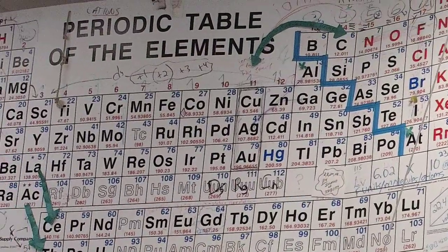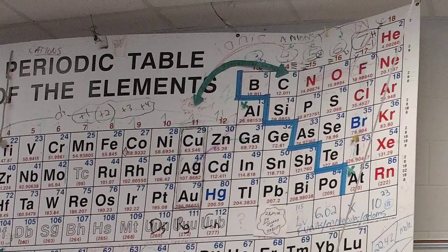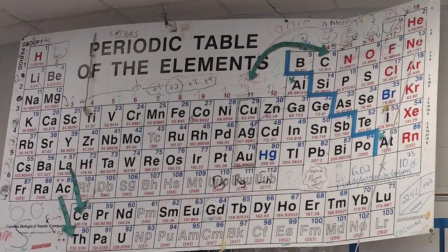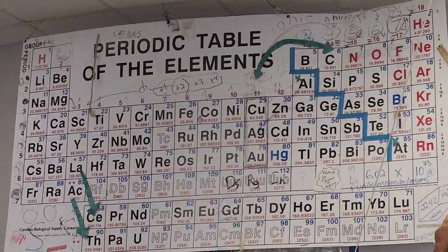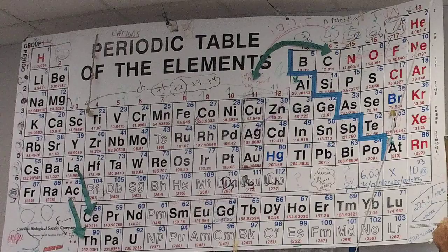Look up at neon really closely on the table. And look just beside of neon. Look right here. Look what's written there. 2 and 8.